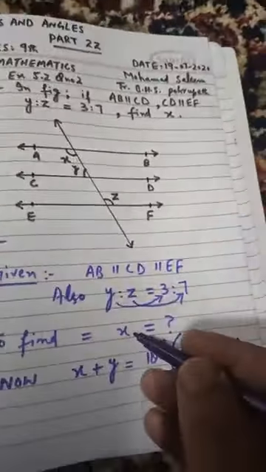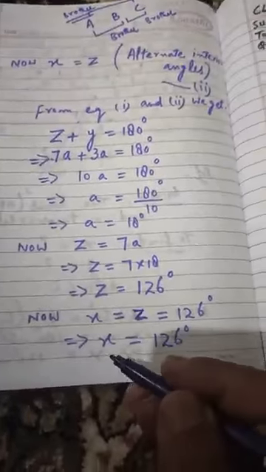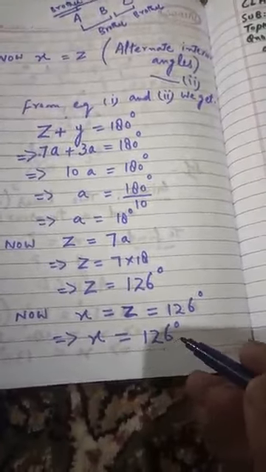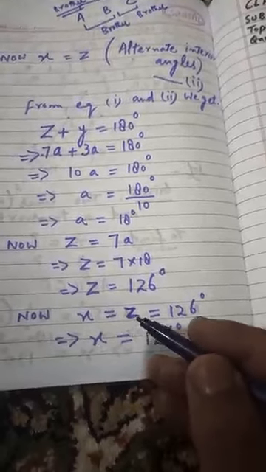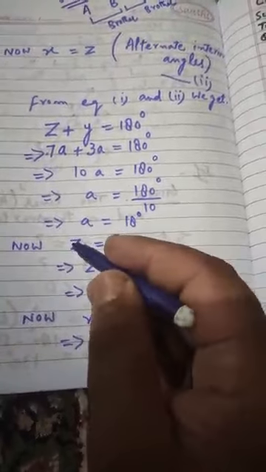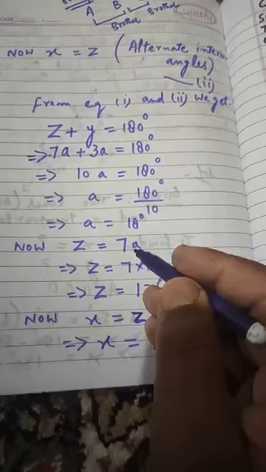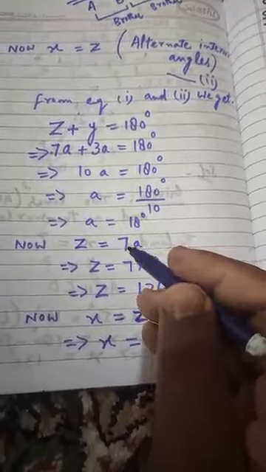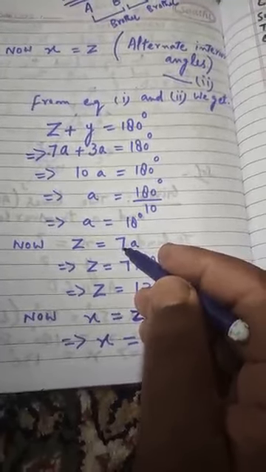We had to find x, and we have found x as 126 degrees because x is equal to z. Z has been calculated in the form of 7a, because it has 7 parts.